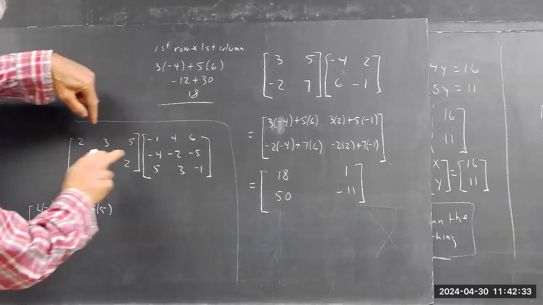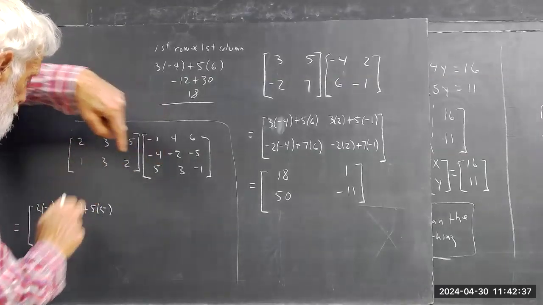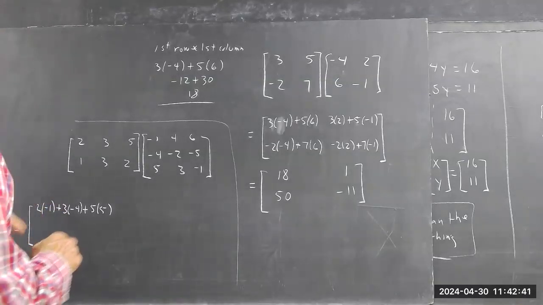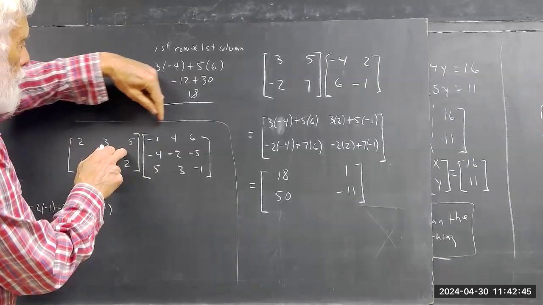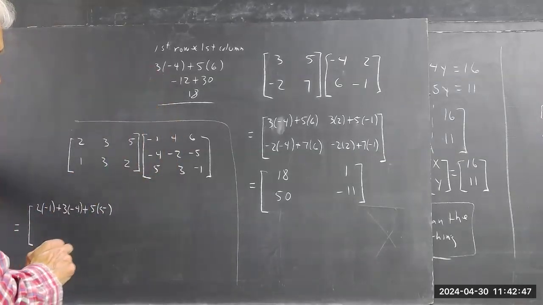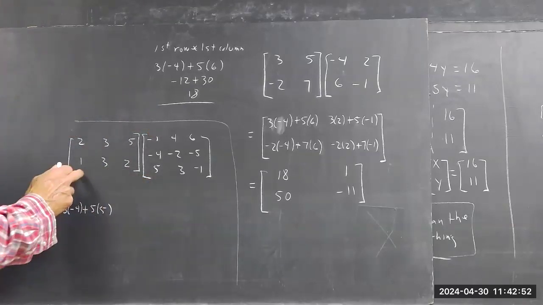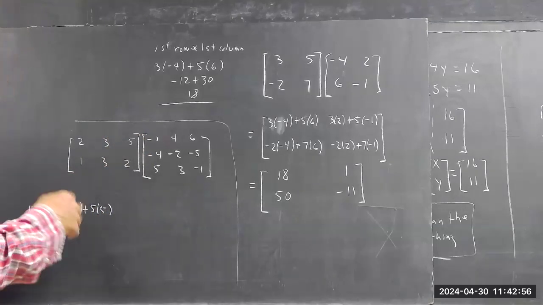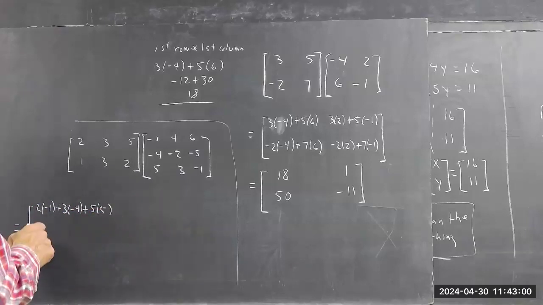Then some people started by doing the first row by the second column, and others started by doing the second row by the first column. So I'm going to go ahead and do the second row by the first column. I think everybody did that, whether they started one way or the other.